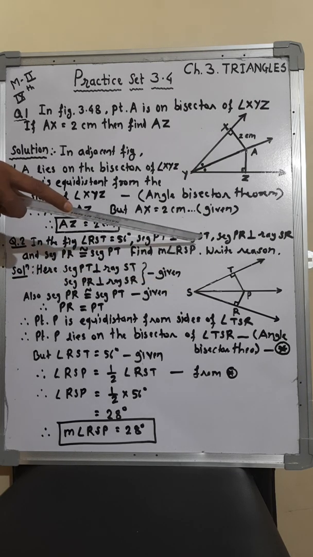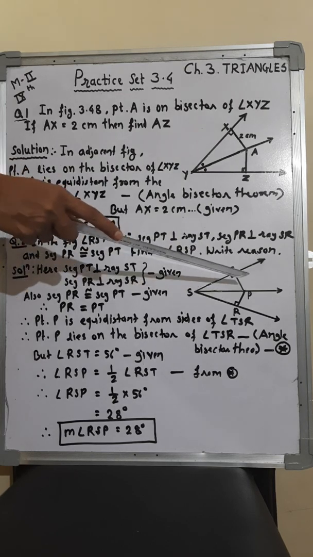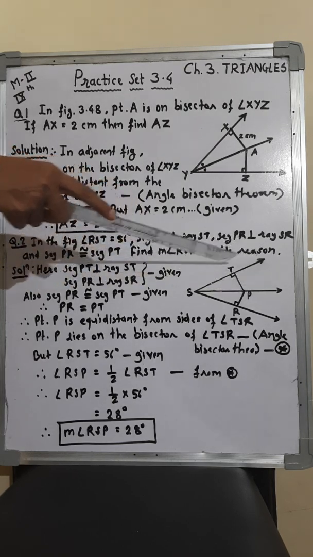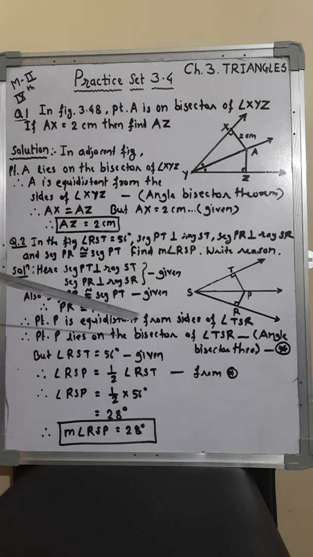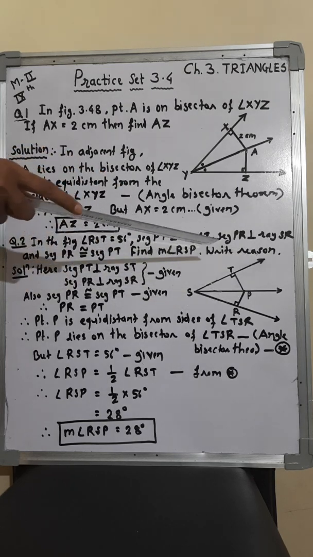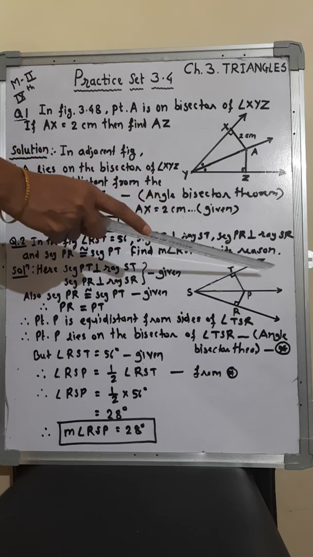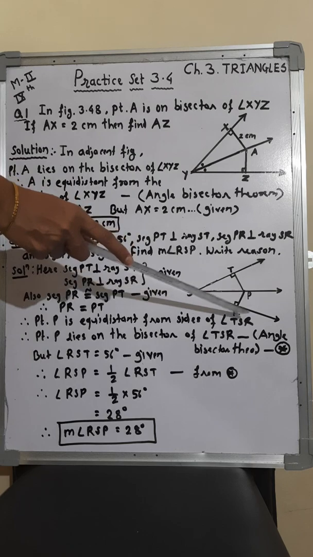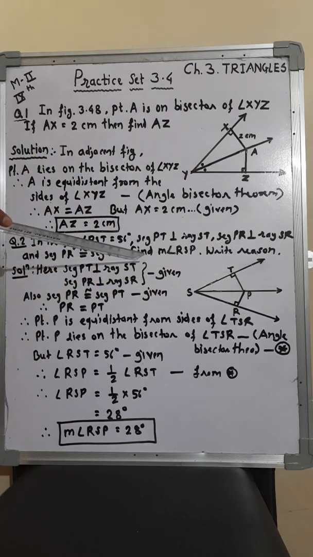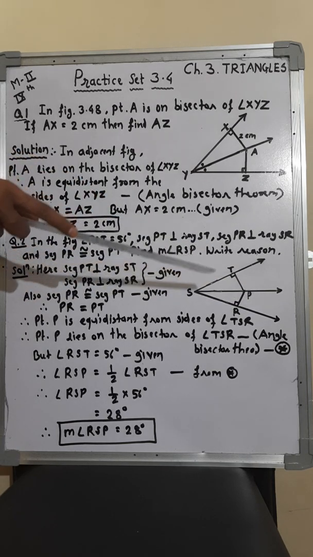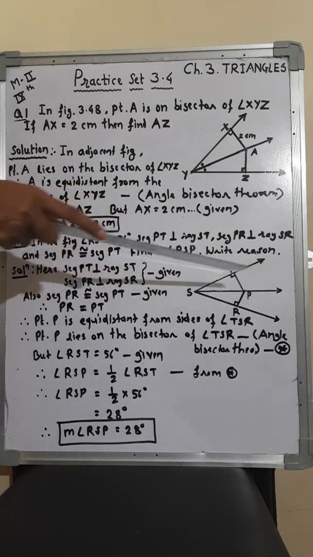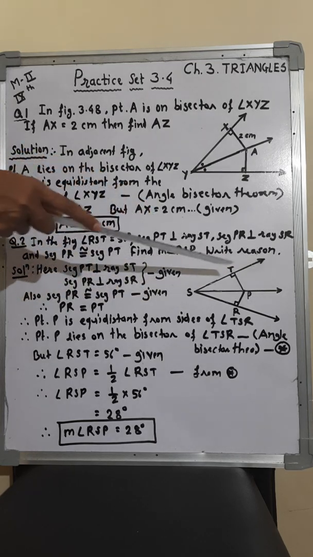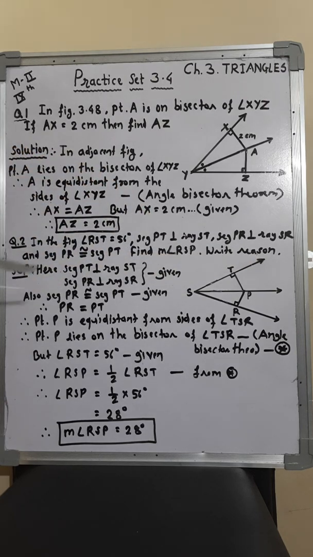Segment PT is perpendicular on ray ST. And segment PR is perpendicular on SR. And segment PR is congruent to segment PT. This condition is also given for you. PR equal to PT. Now we have to find the measure of angle RSP, which is half of this angle, and you have to write the reason for this.